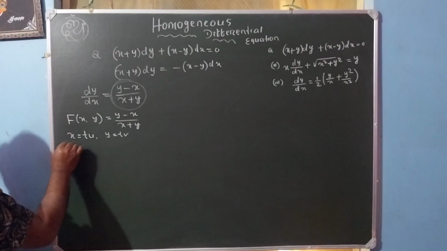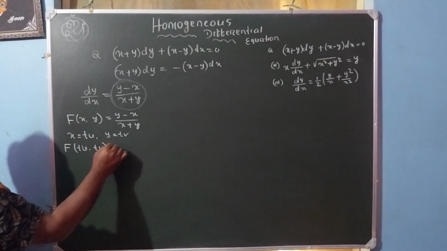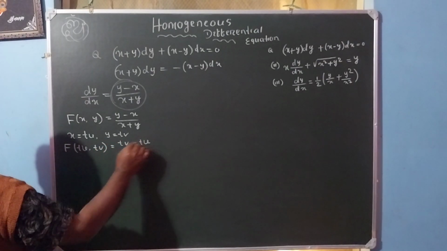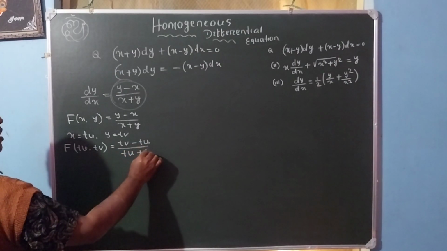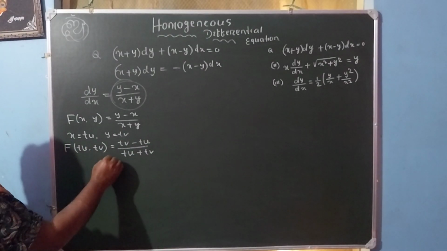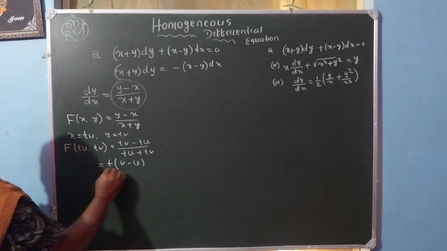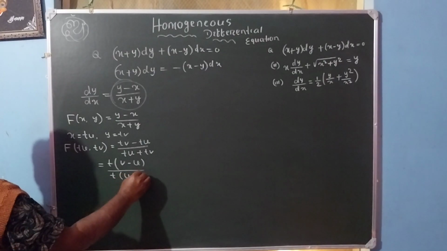So f(tu, tv) = (tv - tu)/(tu + tv). Taking t common, (v - u)/(u + v).